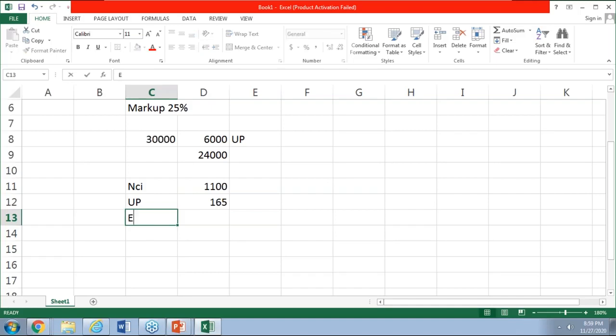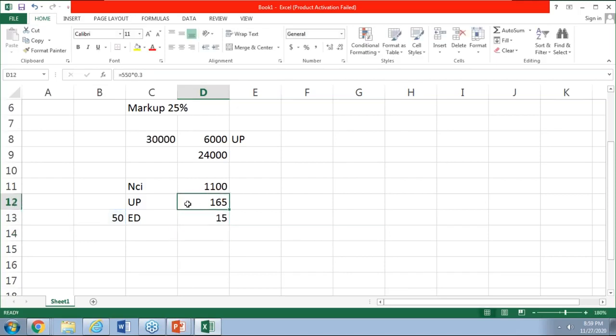Then we have to adjust the excess depreciation on the revalued asset, which is 1500 divided by 30, so it will be 50. So 50 into 30%, because 30% will be reported as NCI.